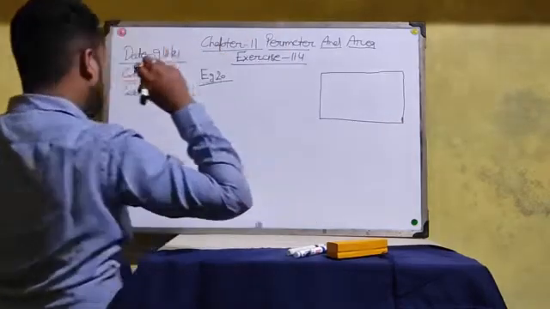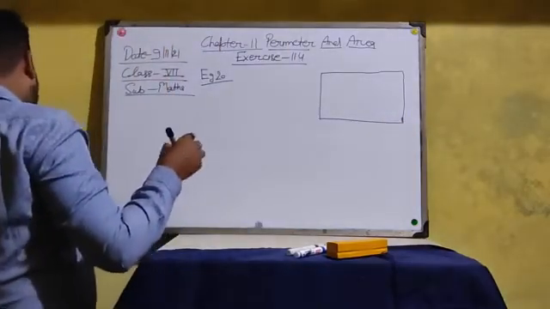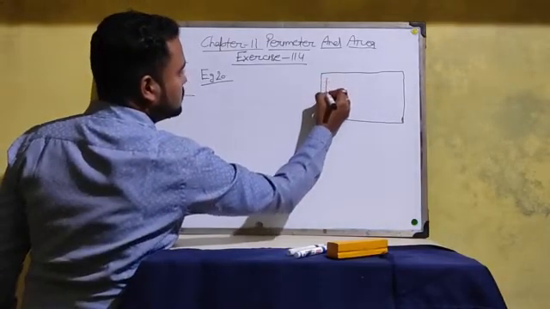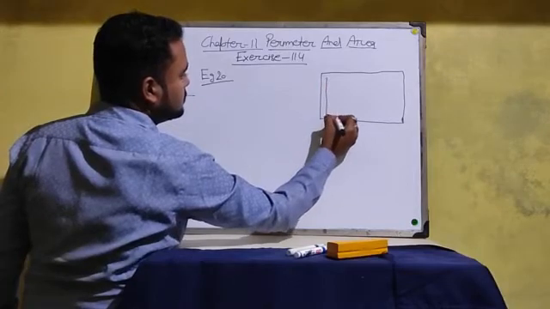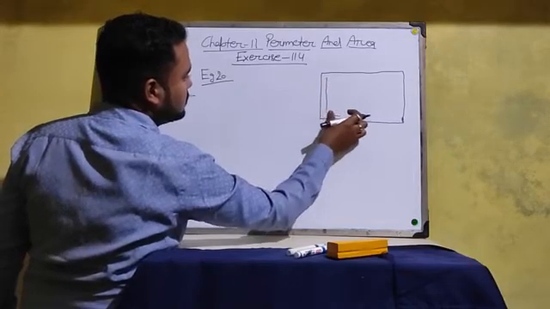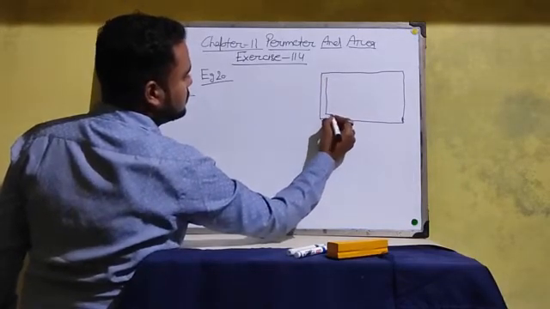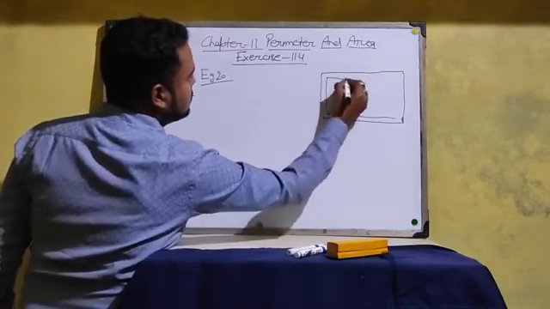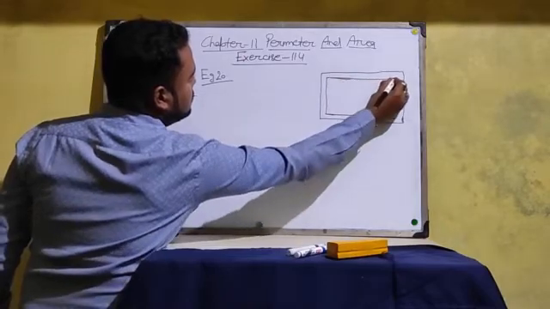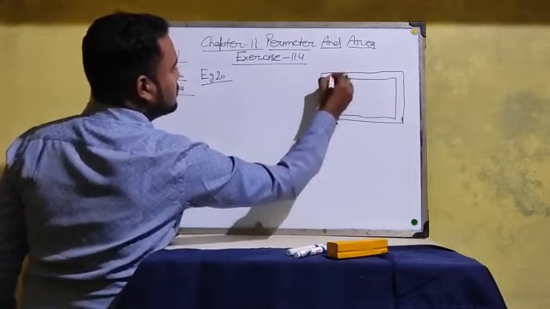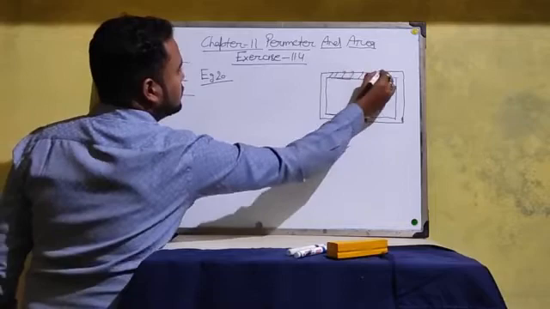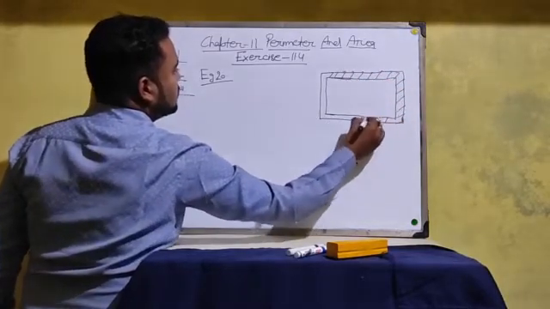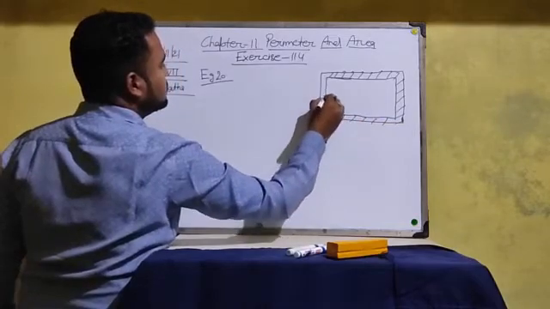Here is a rectangular park. It is the boundary of the rectangular park.